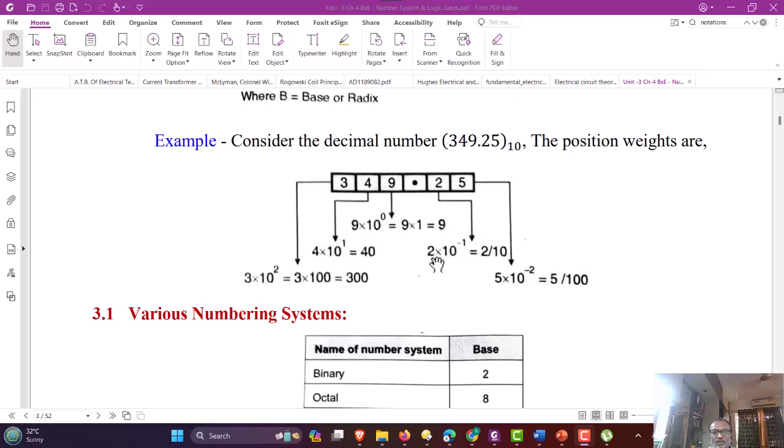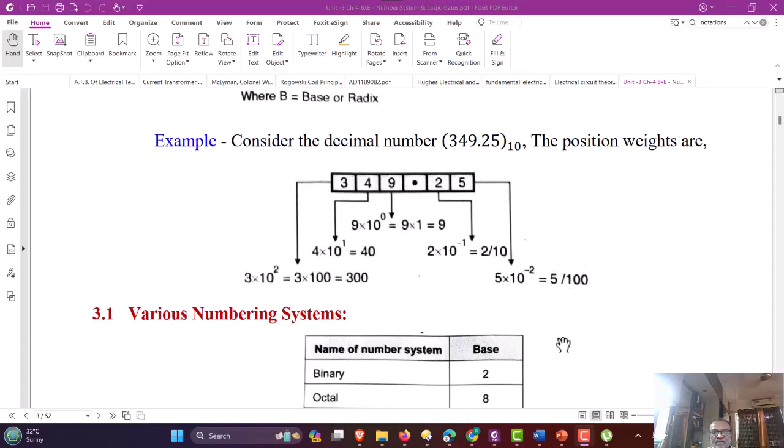So the value will be 2 by 10, that is 0.2. Whereas for the next digit 5, the position value is 10 raised to power minus 2, that is 5 by 100, meaning 0.05. And therefore, the total value will be the addition of these individual position weights and that comes out to be 0.25.